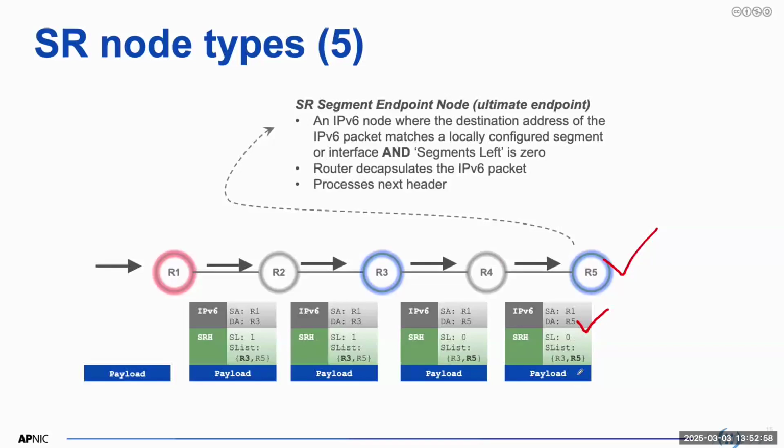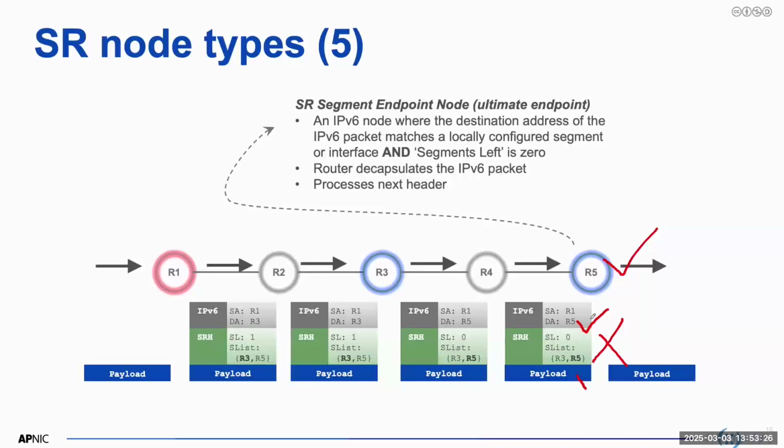Maybe there is a host attached there, or within the payload it has the information to look up a certain table, or whatever information is available. So now it will just scrap the SRH, as there is no other segment left after this, and the destination address is the same as the local node. So it will just forward the payload information.